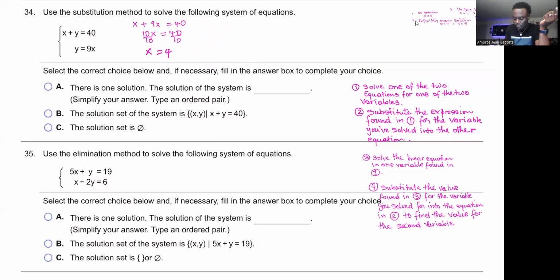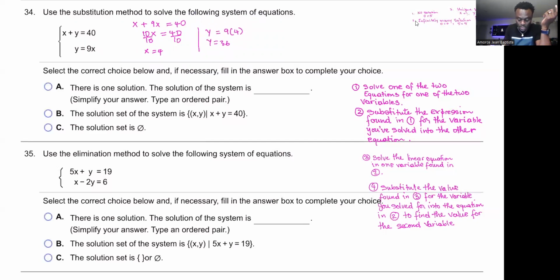And then step 4, you substitute x equals 4 into the equation that solved y, so you can find the exact value of y, which is y equals 9 times 4. So y equals 36.